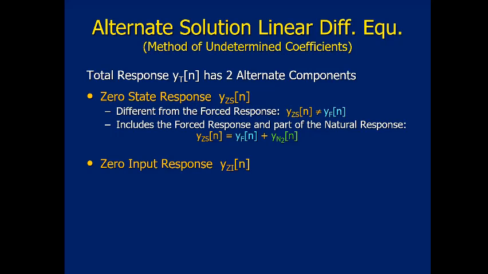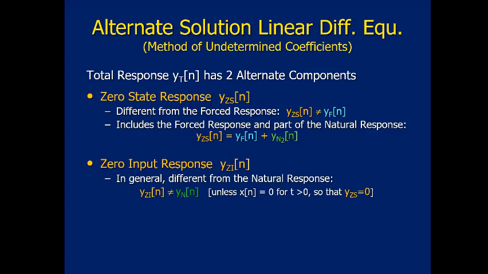So anytime I stimulate it, I'm going to get something that looks like the shape of a natural response out of it. So the zero state response, which is the response due to my new input, has that forced response piece, but also has the part of the natural response that was due to the fact that I kicked it with a new input. So we'll call that y of n, but yn2, a piece of it.